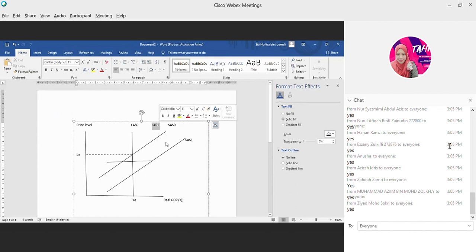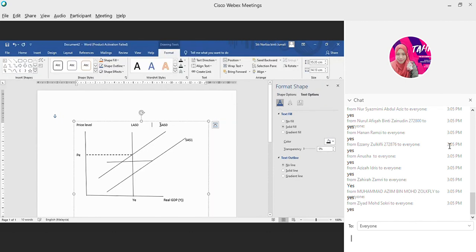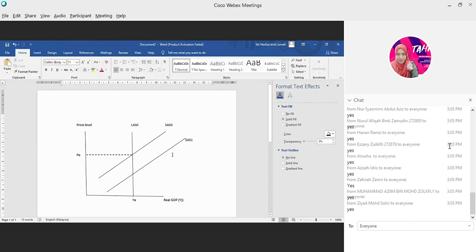This is if we are only facing a factor that will only change the SAS curve. So the point here is you must know how to differentiate which factors will shift LAS and which factors will shift SAS. Otherwise you get the wrong answer.